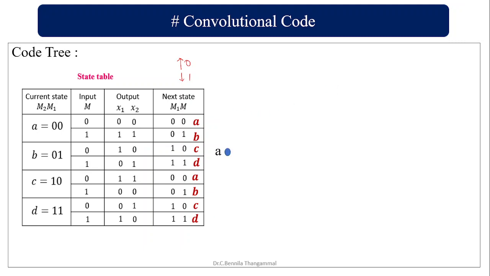So I'll take the state A and then if your input is 0, it goes to A and your output is 0 0. If your input is 1, it goes in the downward direction, it goes to B, with your output 1 1.